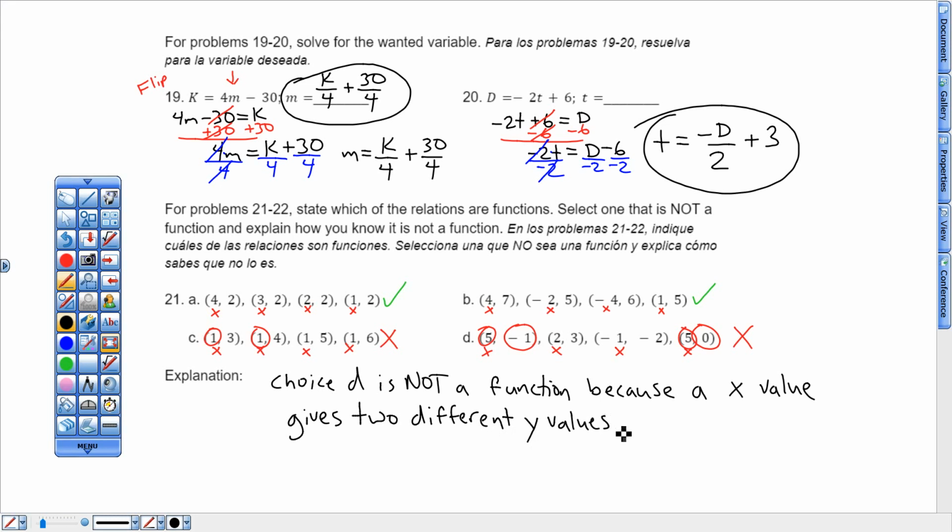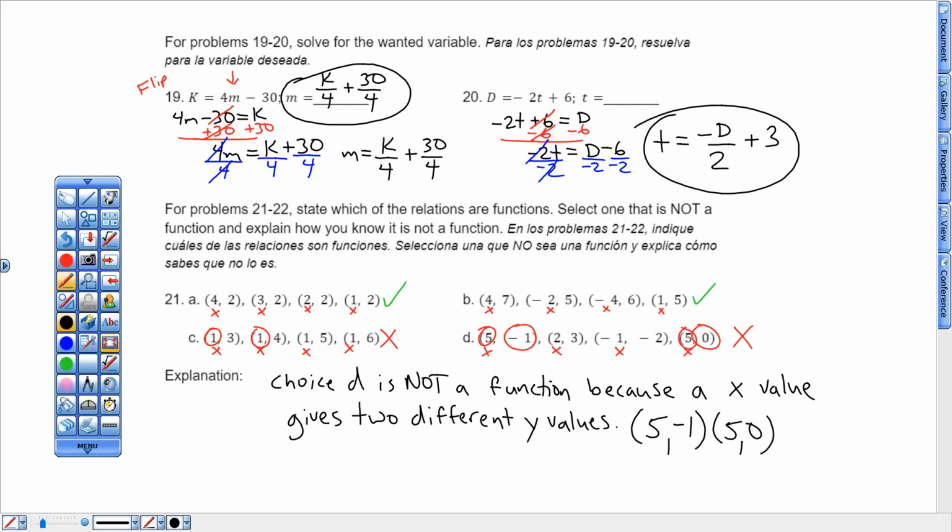And then maybe write those two coordinates to show me what I'm talking about. So 5, -1, and then that same 5 and 0, that's breaking the function rule. Can't have the same x number give you two different y numbers.